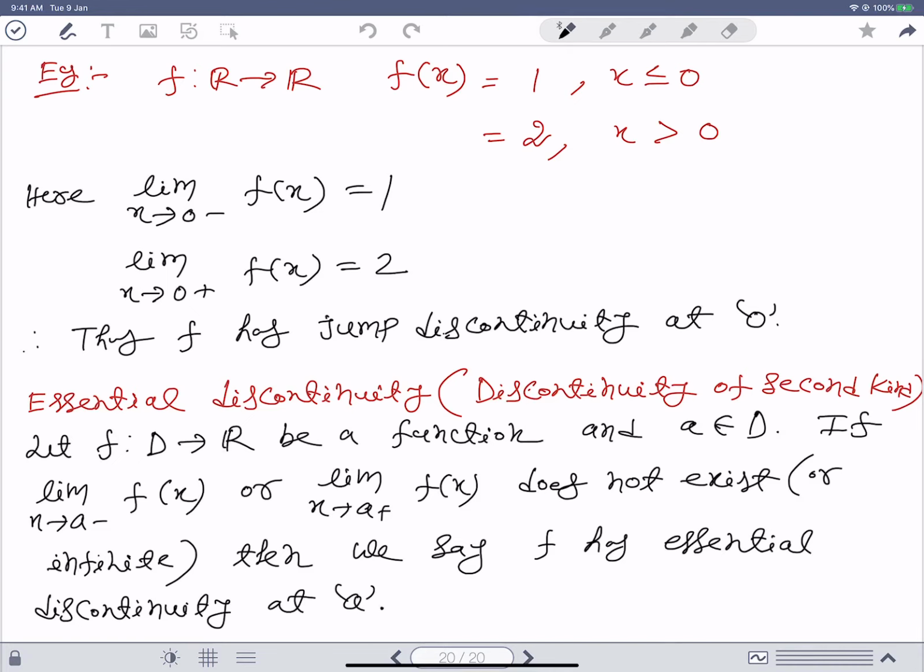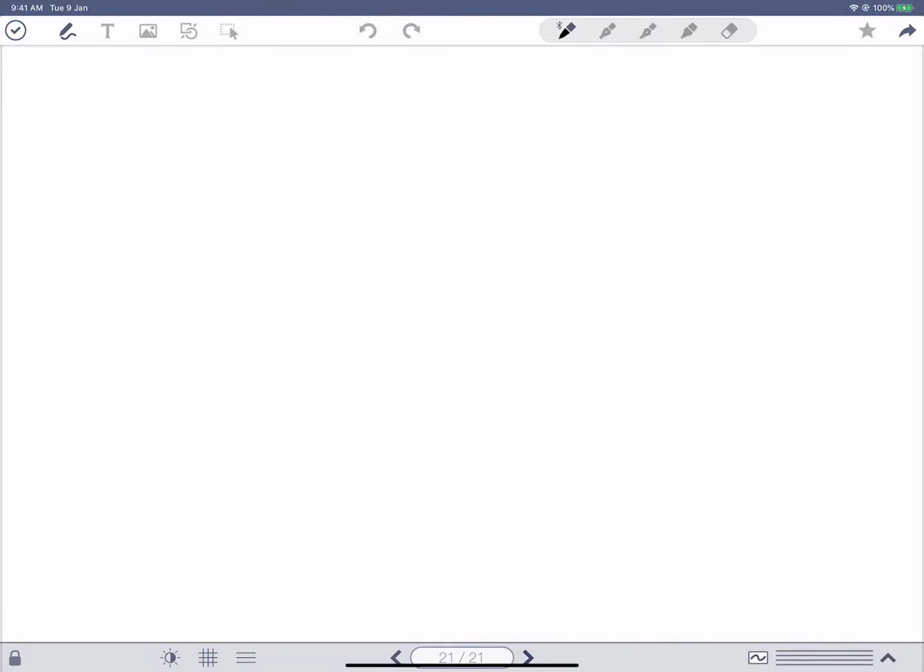Okay. Now sometimes we separate the discontinuity when the limit is infinite. So there is another type of discontinuity. You can say that infinite discontinuity.